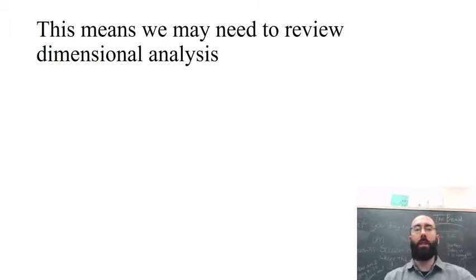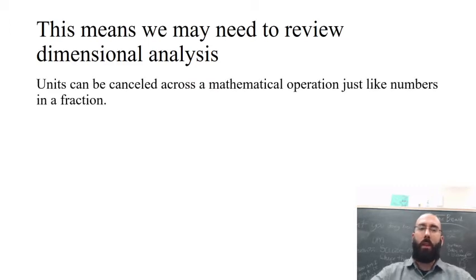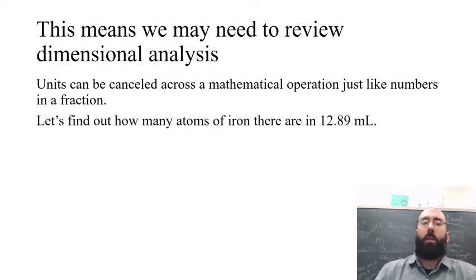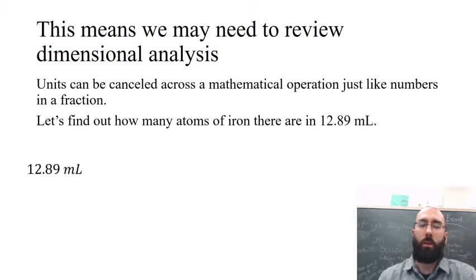However, if you noticed in that last example, this might mean that we need to review some dimensional analysis. Let's remember, units can be cross-canceled across a mathematical operation just like numbers in a fraction. Let's work through this problem. We'll find out how many atoms of iron there are in 12.89 milliliters. Just like any of our dimensional analysis problems, we're going to start with what we know.